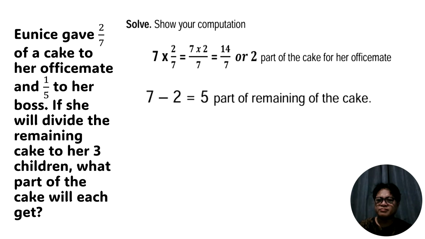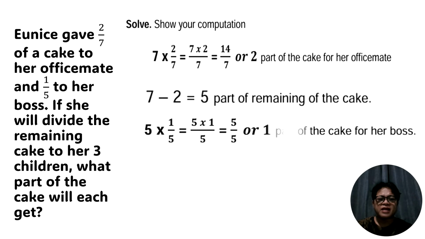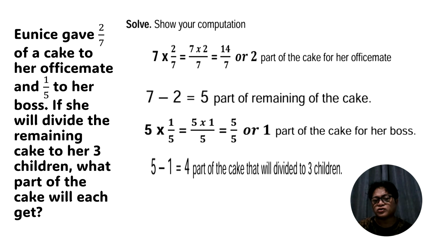Then, you have 5 times 1/5, which is 5 times 1 over 5, which is 5 divided by 5, or 1, the part of the cake which was given to her boss. So the remaining number is 5 minus 1 is equal to 4, or the 4 parts of the cake which will be divided equally among her 3 children.